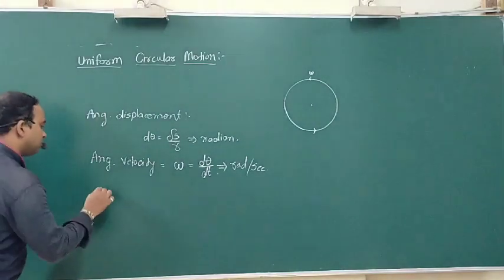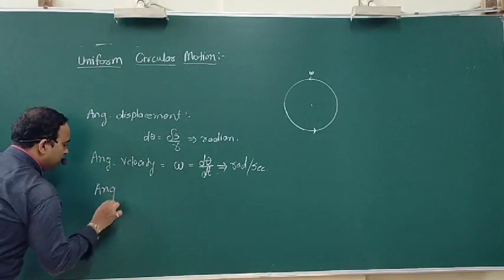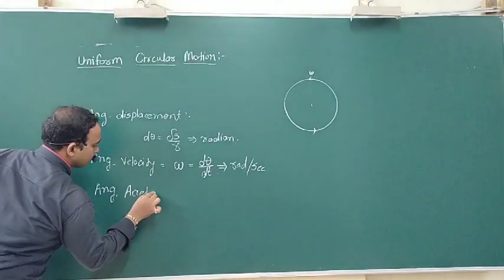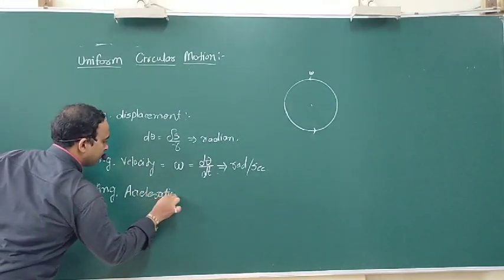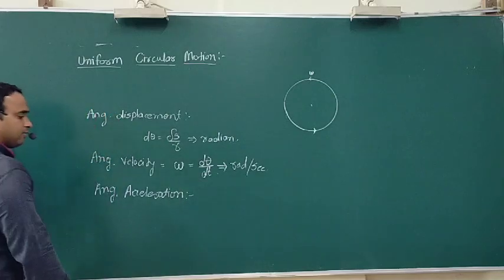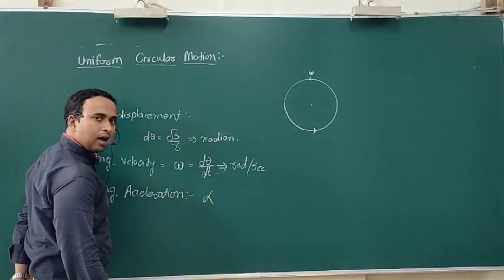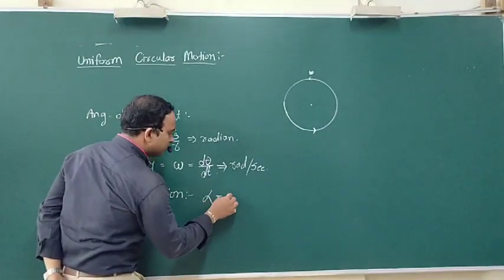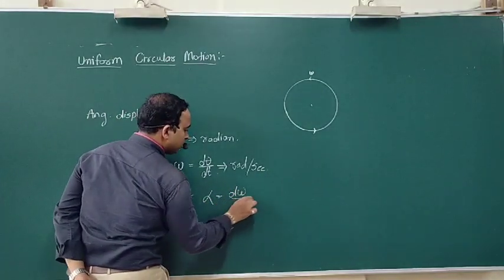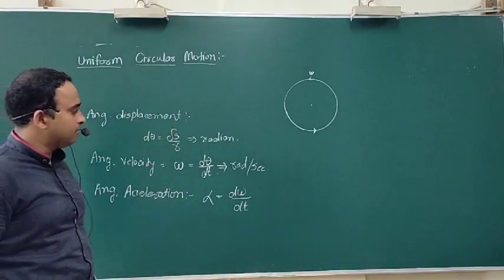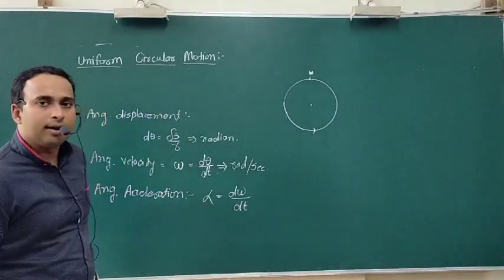Now next one, that is angular acceleration. Angular acceleration is denoted by alpha. So alpha is equal to the rate of change of angular velocity with respect to time, that means dω upon dt.